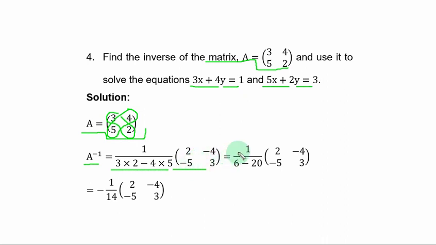You continue: 1 over 6 minus 20 times the matrix. If you subtract this, it becomes 1 over minus 14, which can be written in this form, times the matrix with the entries, first row 2, minus 4, second row minus 5, 3. This is the inverse of matrix A.